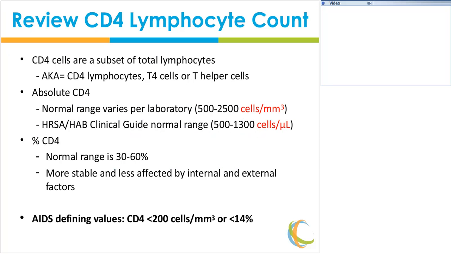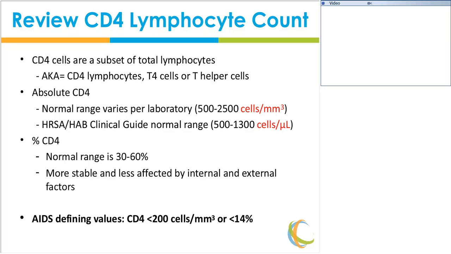I want to take just a minute to review the CD4 cell count slide that we had a couple of weeks ago on the laboratory review webinar. The CD4 cells are actually a subset and a part of your total lymphocyte cells in your bloodstream.